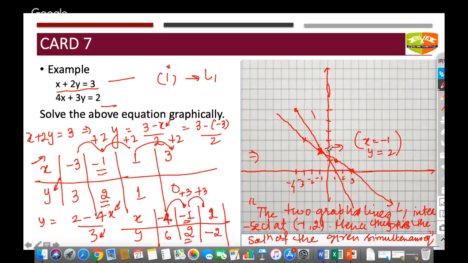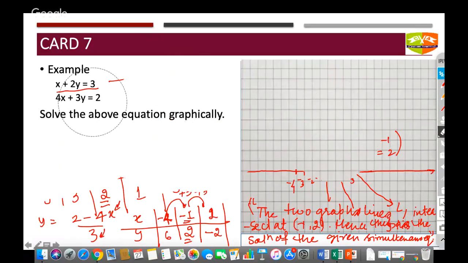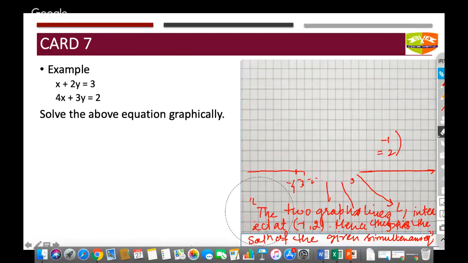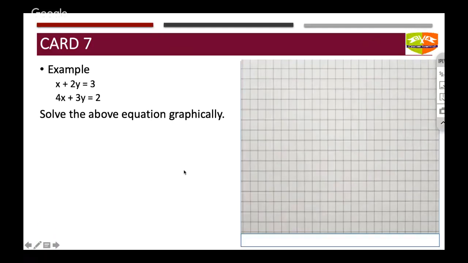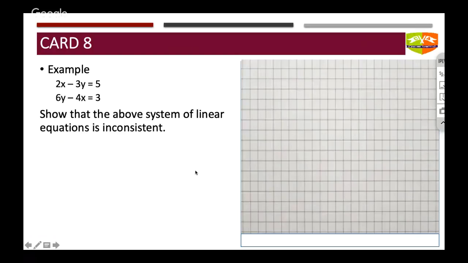We check at what point these two lines are intersecting, and then we write that the two graph lines intersect at this point, hence that would be the unique solution of the given pair of equations. So that is how we have to do this question. If somebody asks you how to solve these kinds of questions, you can draw the graphs easily. Now let me go to another equation.